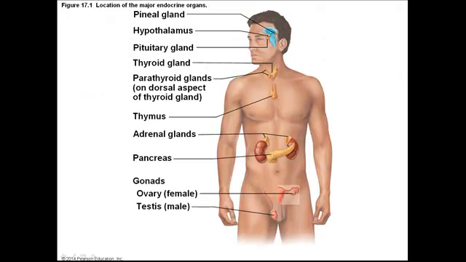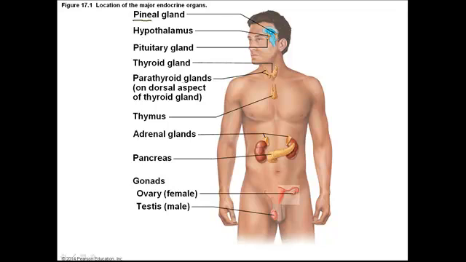So here are most of the organs. We have the pineal gland, in your brain, right here. The hypothalamus. Everyone knows where the hypothalamus is. The pituitary gland, which hangs from that infundibulum, if you remember from our brain dissection. The thyroid gland in the anterior neck.